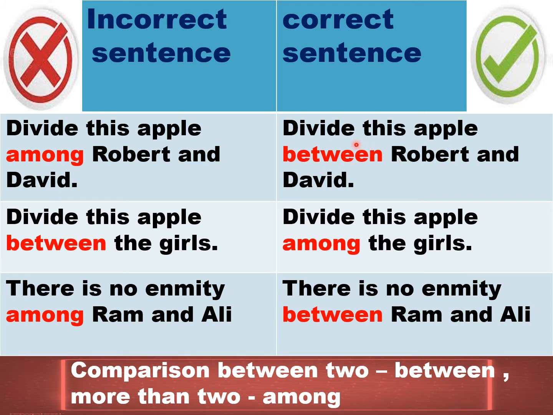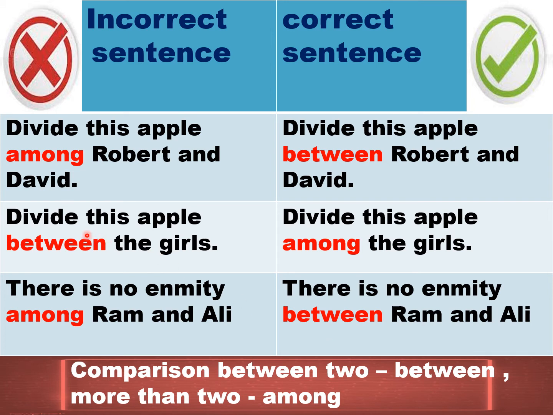Divide this apple between Robert and David. In the last sentence also, we are comparing Ram and Ali. So, between is used here. There is no enmity among Ram and Ali is wrong. There is no enmity between Ram and Ali is correct.